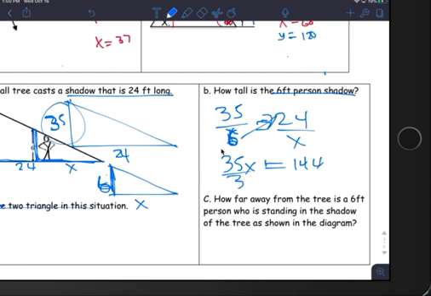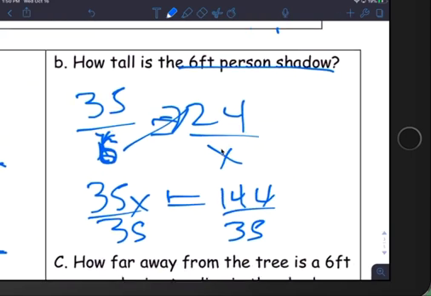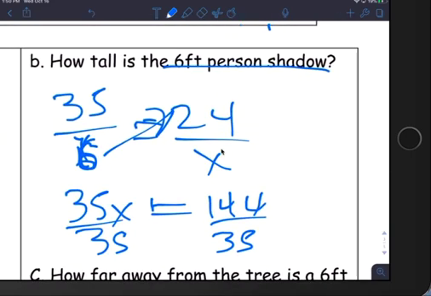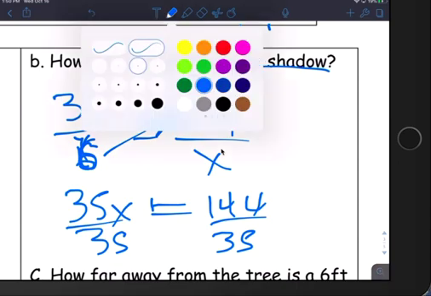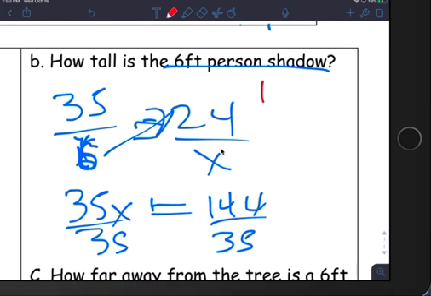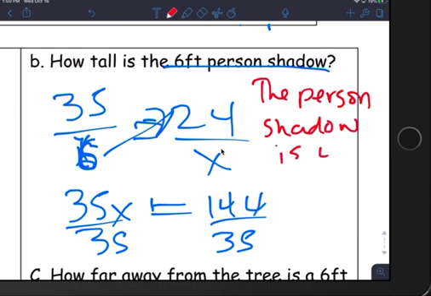Divide by 35. 4.1, just put 4.1, as 4.141142. So rounded to the nearest tenth, the person's shadow is 4.1 feet.